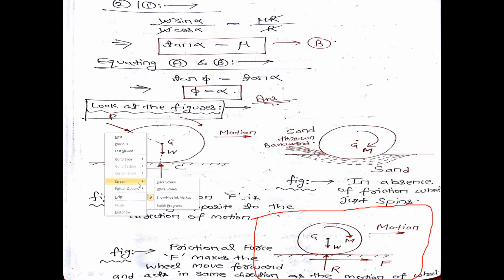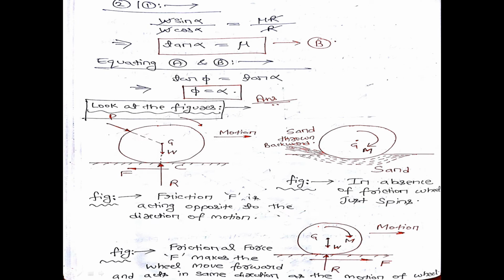Observe the situation very carefully. Same ball. It is kept on this horizontal surface. Weight of the ball is capital W, which is acting vertically downwards from its center of gravity.